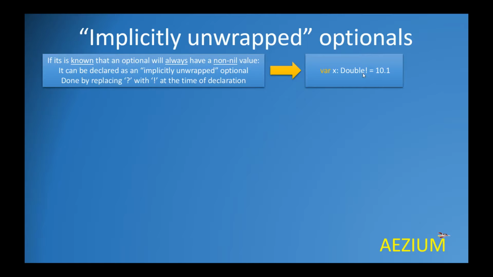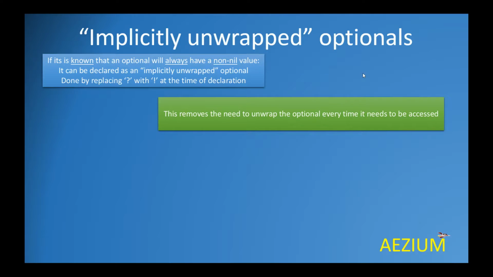So when we do this, the advantage would be that every time that we want to access this optional in the code, we do not need to do a force unwrapping. So it sort of saves us the time to just keep putting exclamation points after the name of an optional in the code.